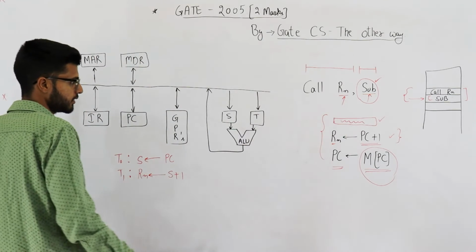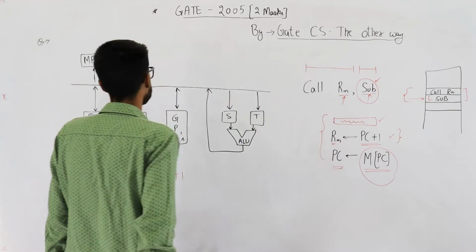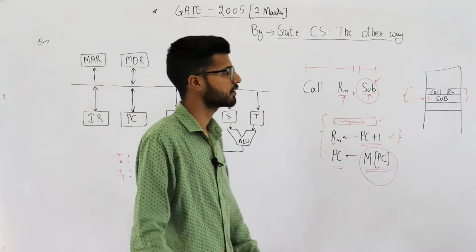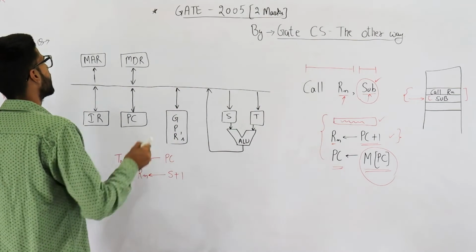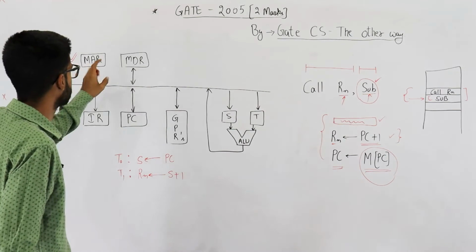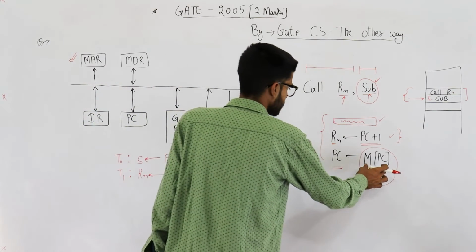The incremented value needs to be saved into a register Rn. The next line says M of PC is saved into PC. That means we need to access the memory, and whenever we need to access the memory, the address must be present in the memory address register. We cannot directly access the memory.